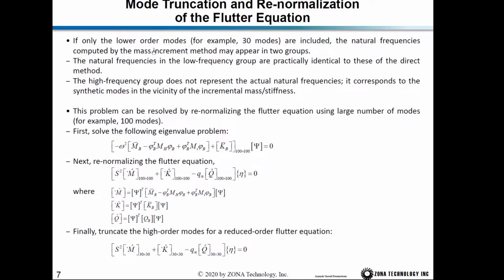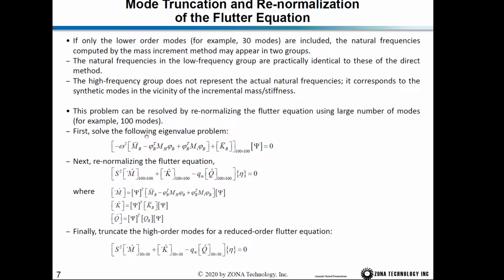If only the lower order modes, for example 30 modes, are included, the natural frequencies computed by the mass increment method may appear in two groups. The natural frequencies in the low frequency group are practically identical to those of the direct method. The high frequency group does not represent the actual natural frequencies. It corresponds to the synthesis mode in the vicinity of the incremental mass and stiffness. This problem can be resolved by renormalizing the flutter equation using a large number of modes, for example 100 modes.